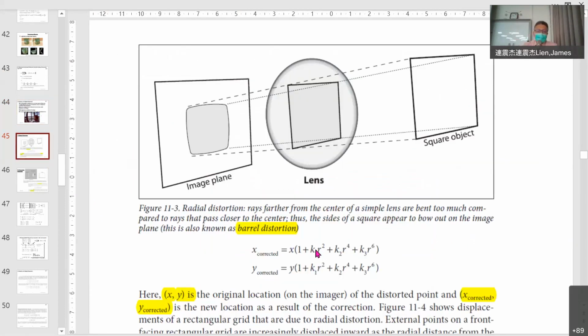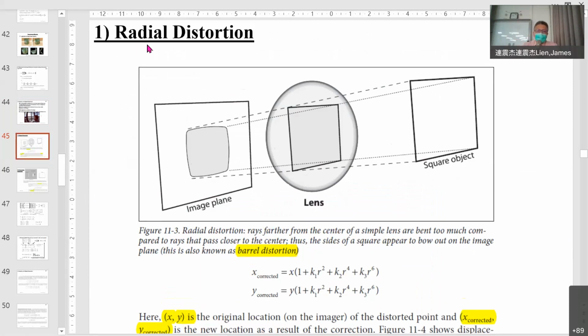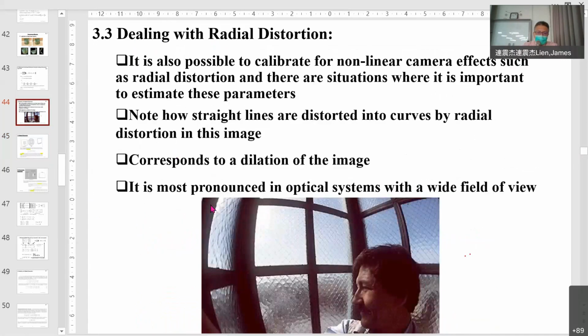The first one they call radial distortion. Radial distortion is this one. So far, any camera has radial distortion. The better, more expensive camera has small distortion. A cheaper one will have big distortion.